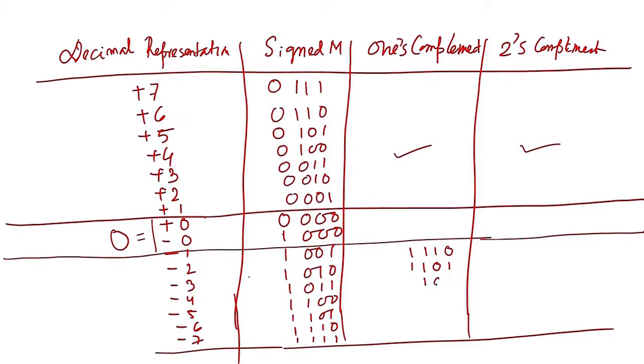It will be 1 1 0 0. What will be minus 4? Minus 4 will be 1 0 1 1. Then minus 5 will be 1 0 1 0. Then minus 6 will be 1 0 0 1. Minus 7 will be 1 0 0 0. Okay.